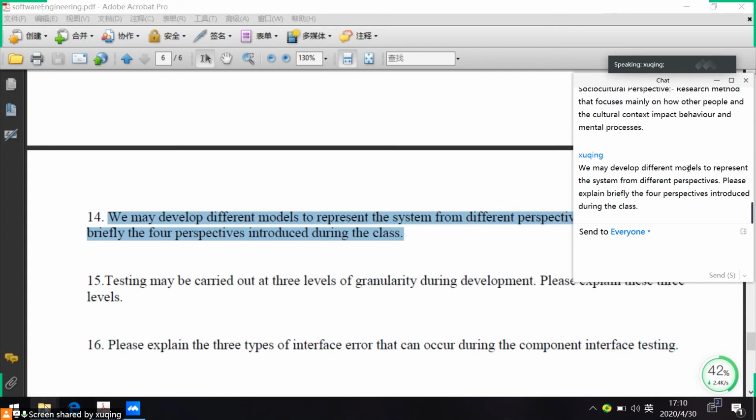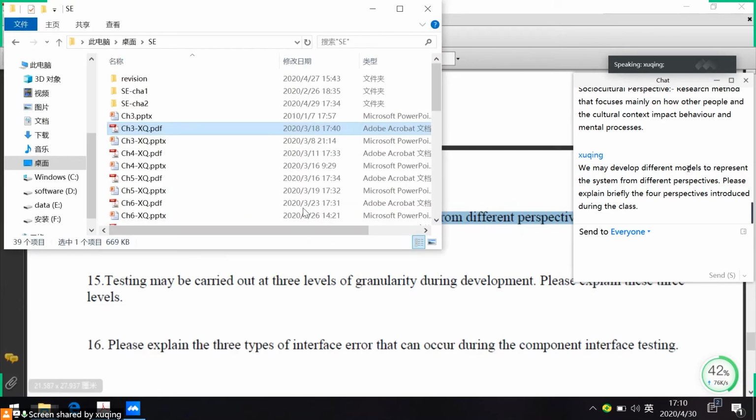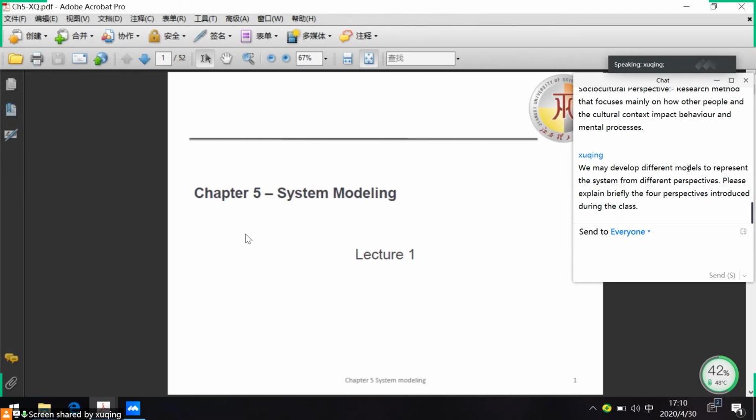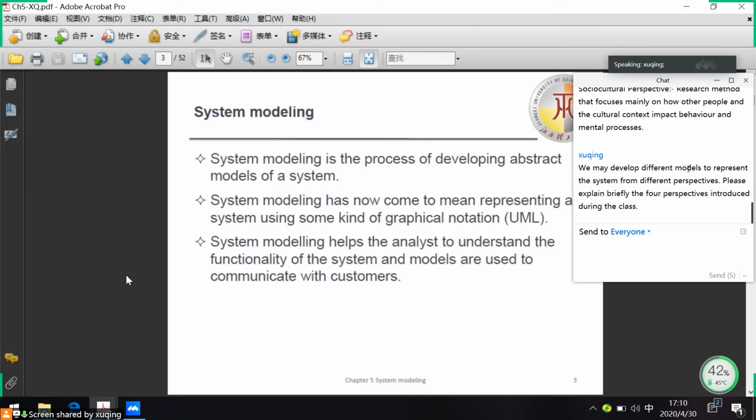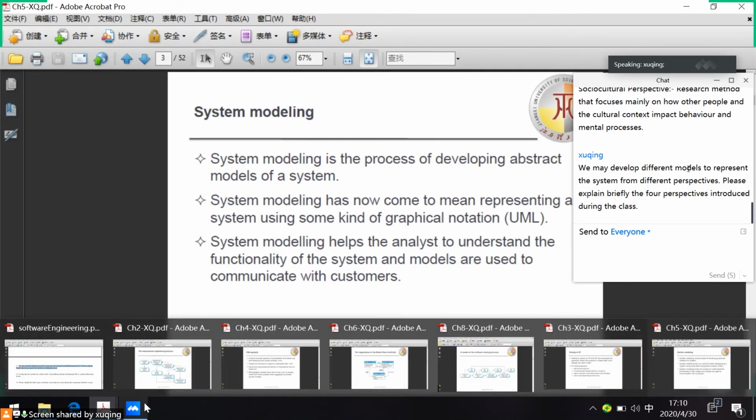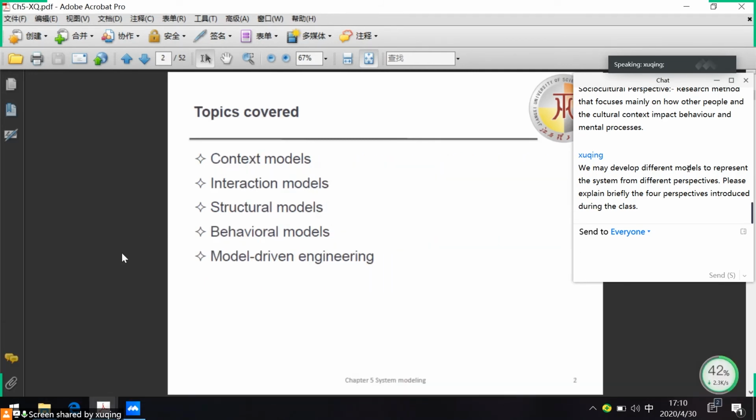Okay, I'll find this PDF for you. Saddam, you have correctly found your assignment, and I remembered you have these answers for your assignments, but it's not these 4 perspectives.